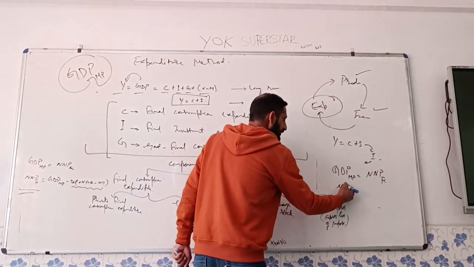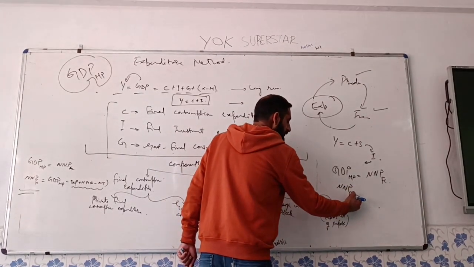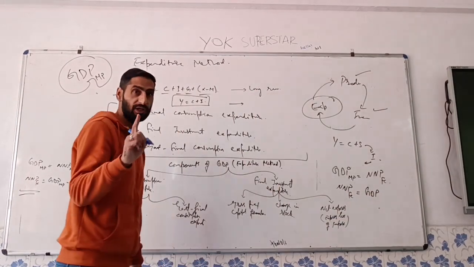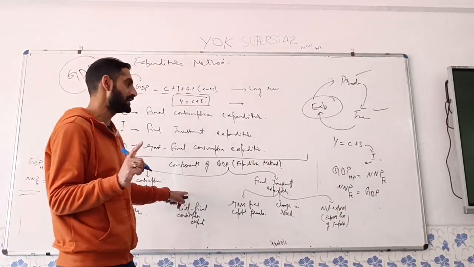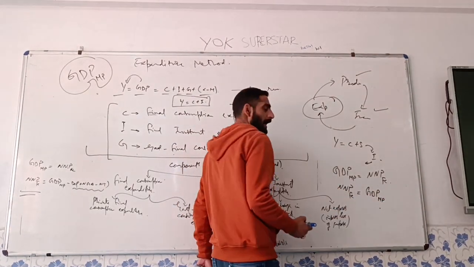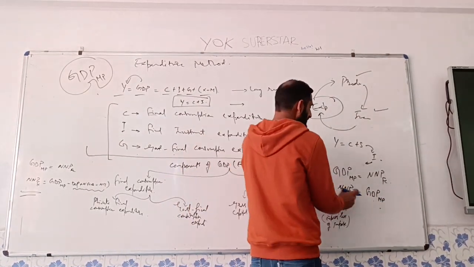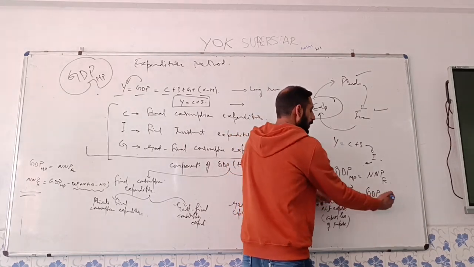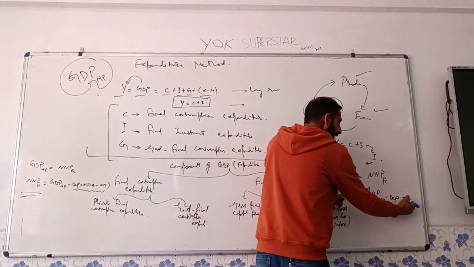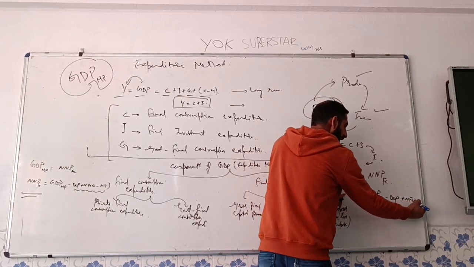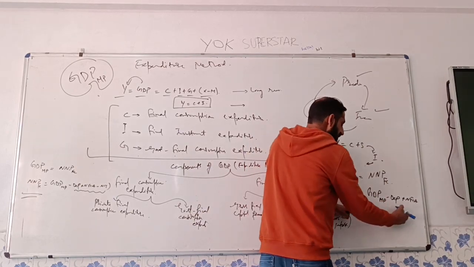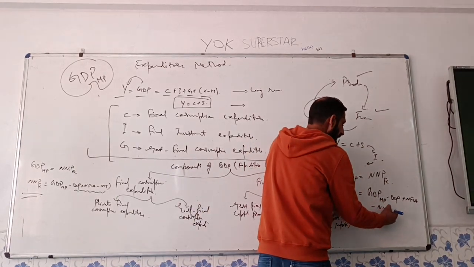I will shift net national product at factor cost here and gross domestic product, which we get by summing up all these very components, we get at MP level. There is the difference between net and gross, that is minus depreciation. National and domestic, that is plus NFIA. And market price and factor cost, the difference is minus NIT.